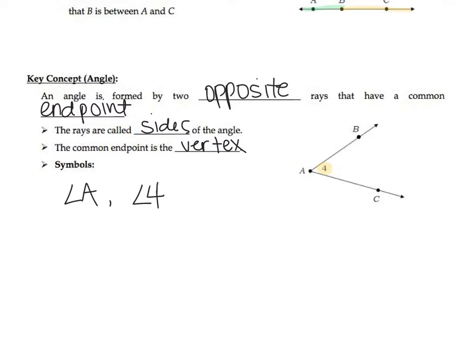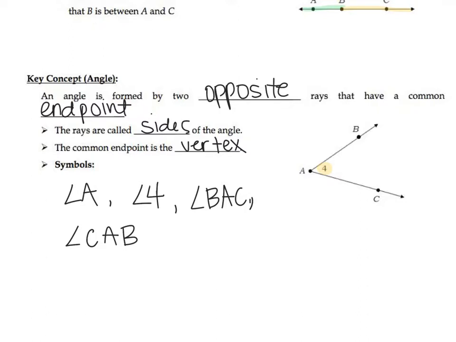Another way is to use the points that make up the angle. You have your vertex, then points B and C. As long as the vertex is in the middle, I can name it angle BAC, or going in the opposite direction, angle CAB. All 4 of these are names that represent this angle that we have drawn.